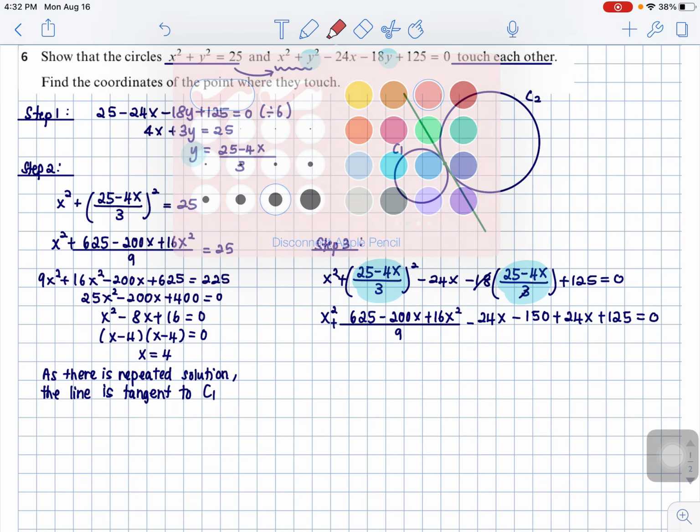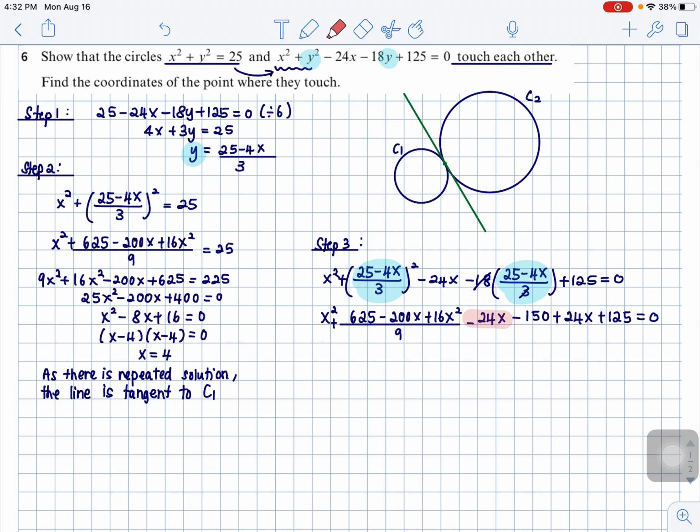At this part, you will realize that you can balance them off, you're going to get 0. Minus 25 times 9.